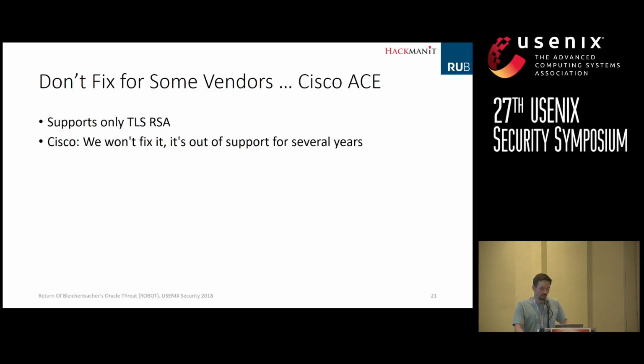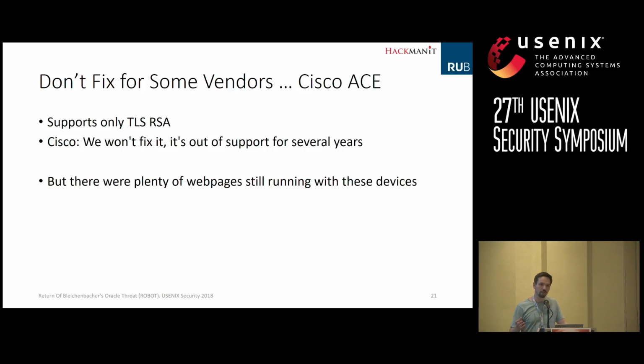This Cisco device was vulnerable, and they responded, okay, we won't fix it because it has been out of support for several years. But we were very concerned about this because many websites were vulnerable to this attack, for example Cisco.com. I do not know the current status of this. Maybe they moved their website to a different product.